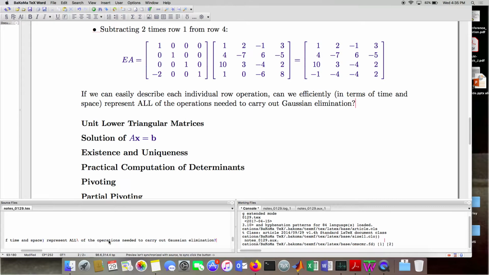Now, I'm not going to deal with row interchanges right now. That's something I'll focus more on next week.